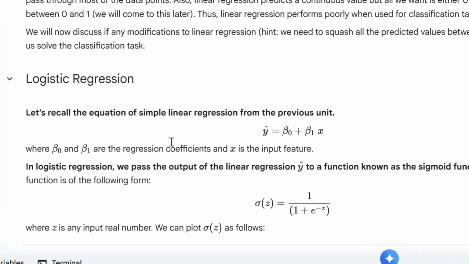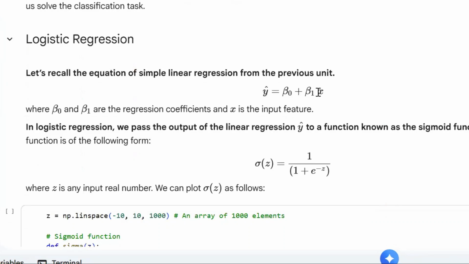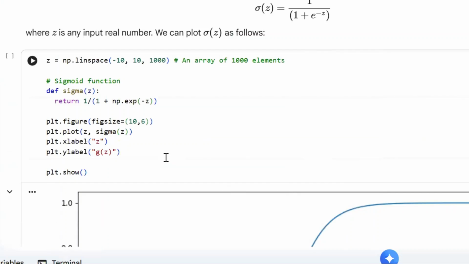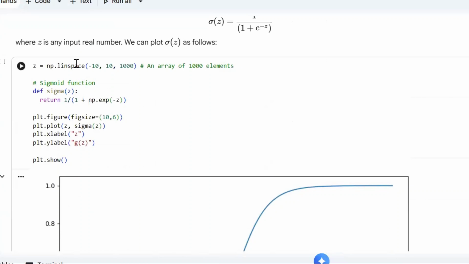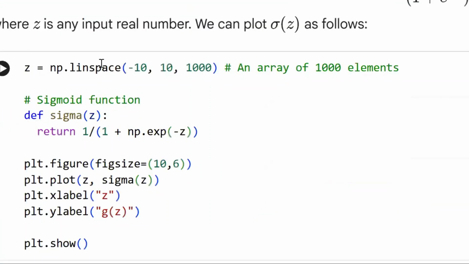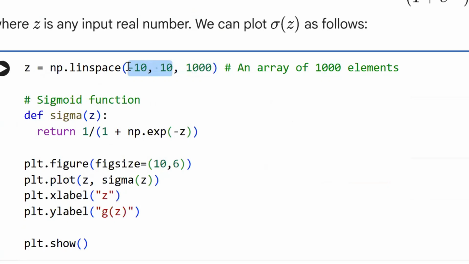So we have passed this through logistic regression. We are passing the output of the linear regression through the sigmoid function. I have created a sigmoid graph like this. For that, I've used the linspace function, which evenly creates 1,000 partitions between -10 and 10.